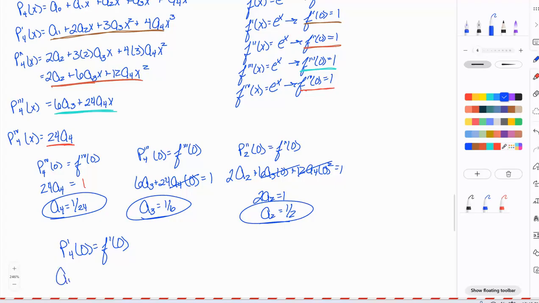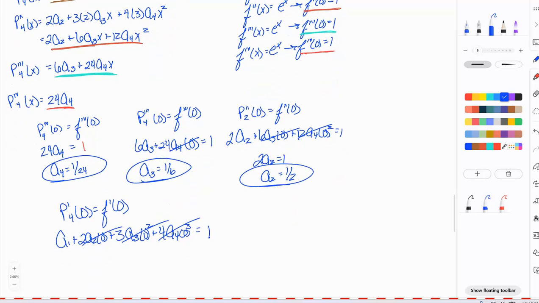So a1 plus 2a2 x plus 3a sub 3 x squared plus 4a sub 4 x cubed has to equal 1. And I'm replacing those x's with zeros. So a sub 1 is equal to 1.